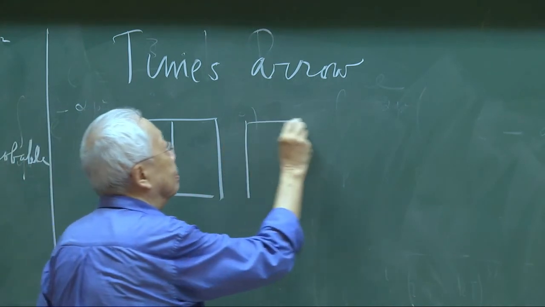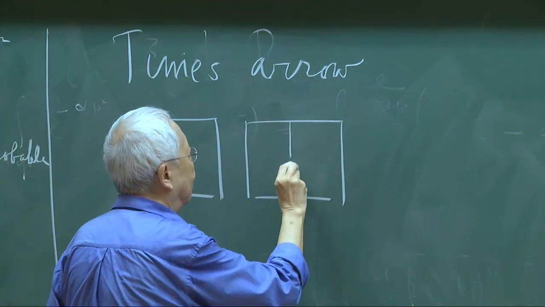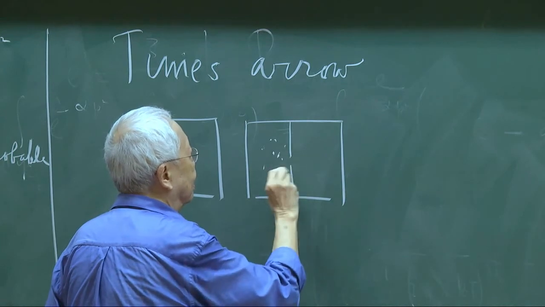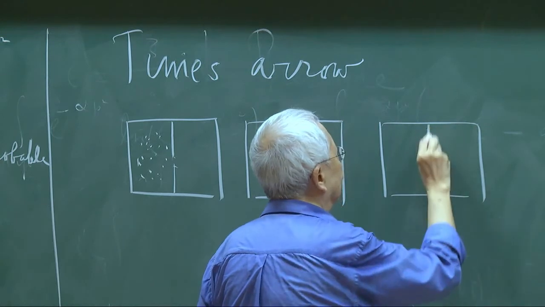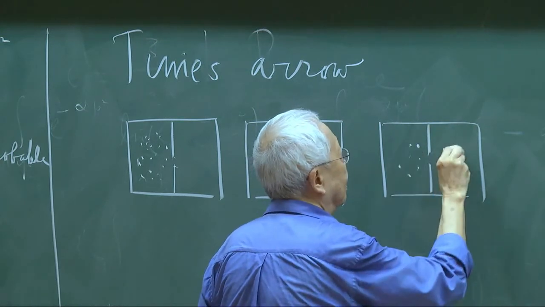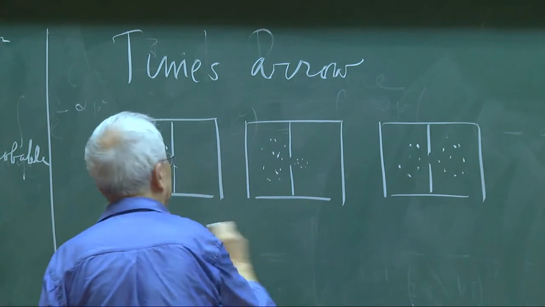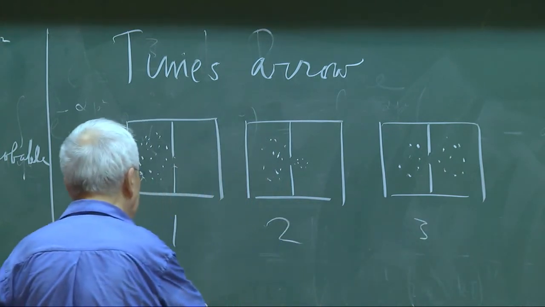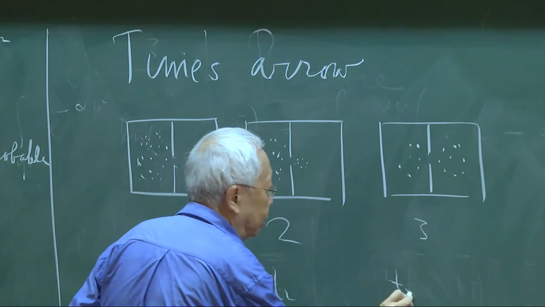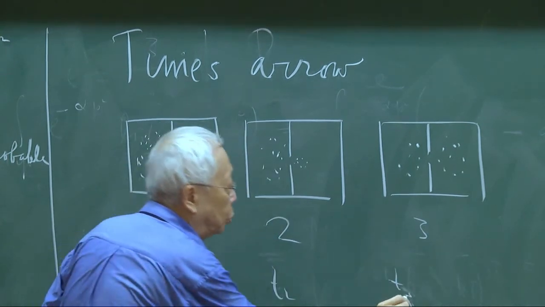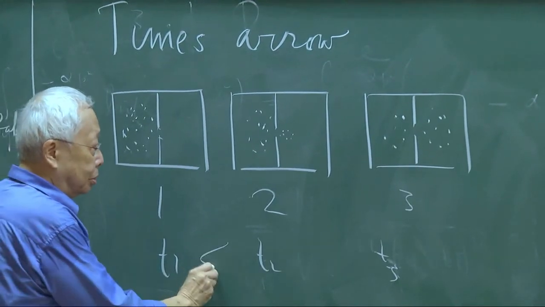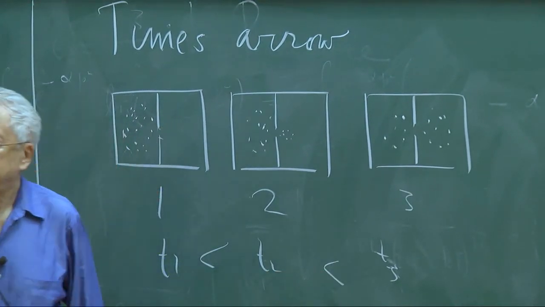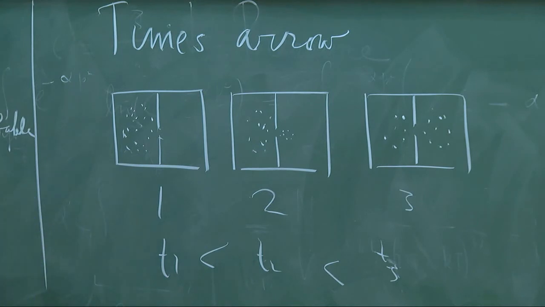The second frame is this. The third frame is this. 1, 2, and 3, at times T1, T2, and T3. Now, every sensible person will say that T2 comes later and T3 comes later. And that's time's arrow. You say that's common sense, right?